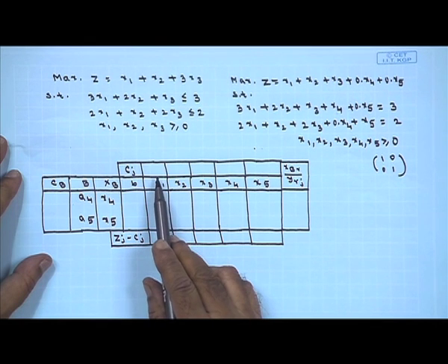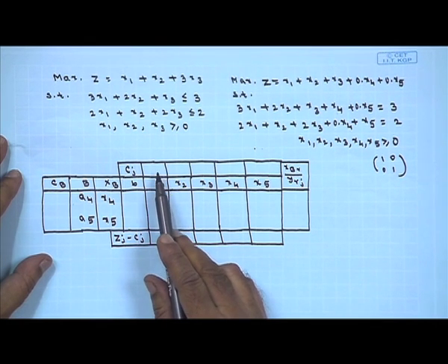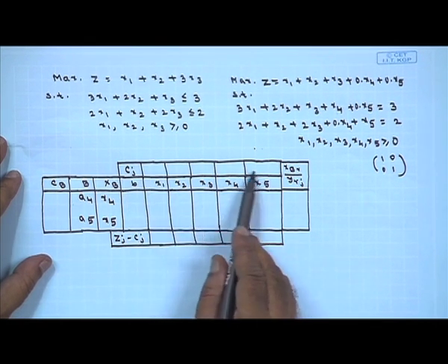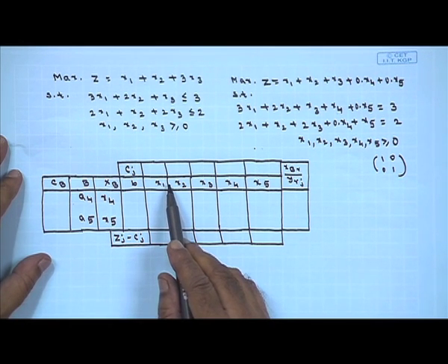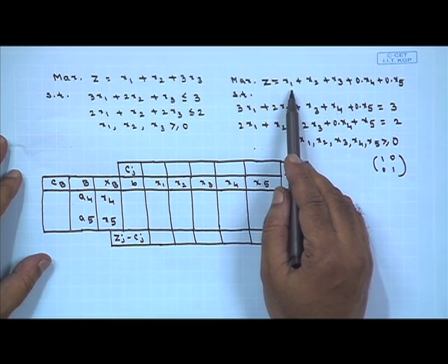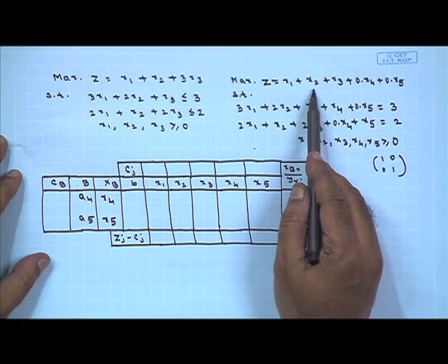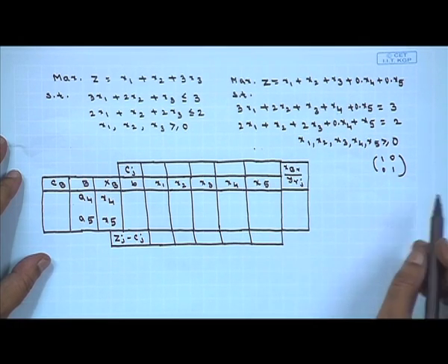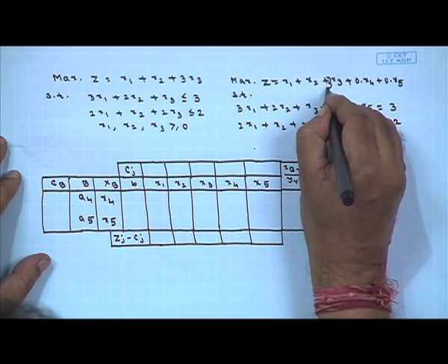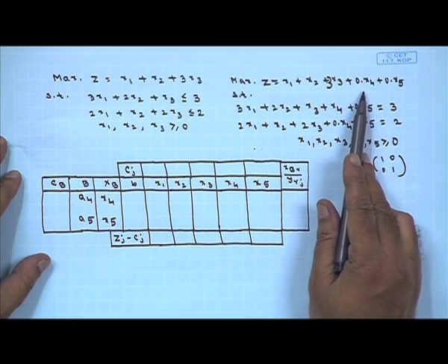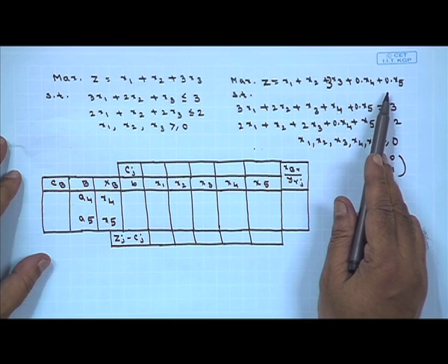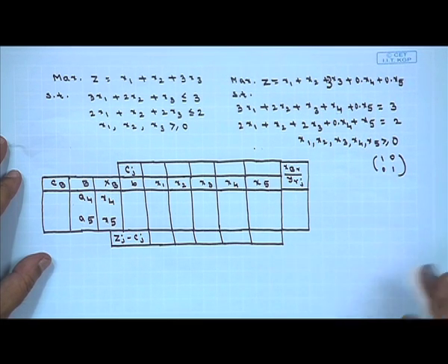As I mentioned earlier, Cj is nothing but the coefficients of the variables given in the objective function. Here the coefficient of x1 is 1, x2 is 1 and x3 is 3. The coefficient of x4 is 0 and x5 is 0, because they are slack variables.